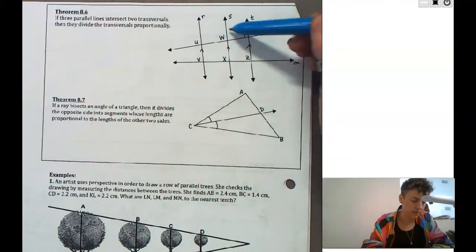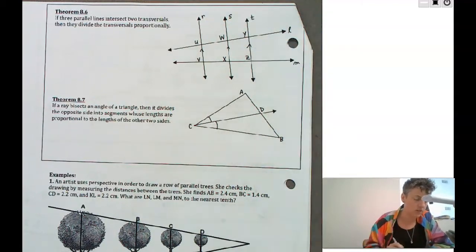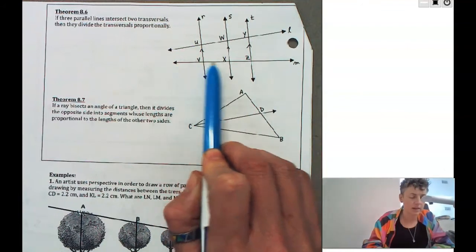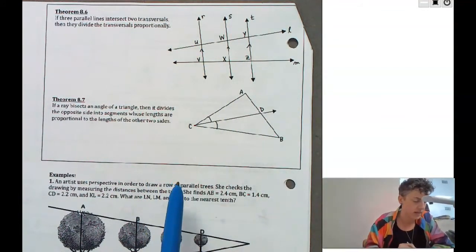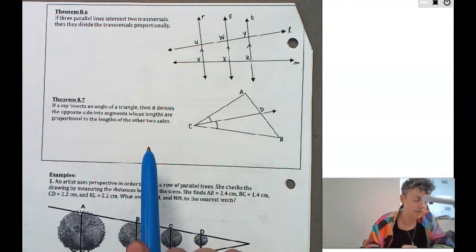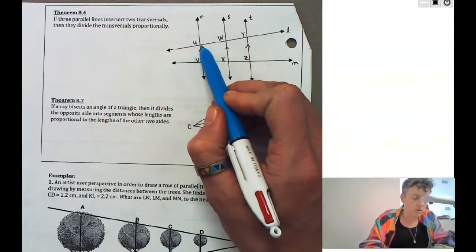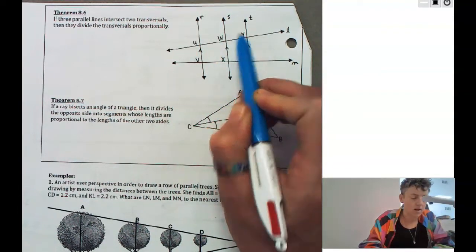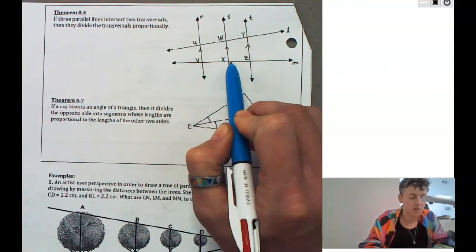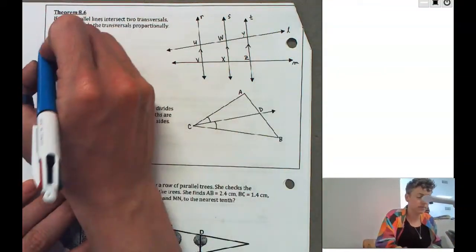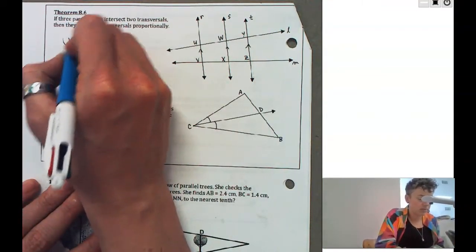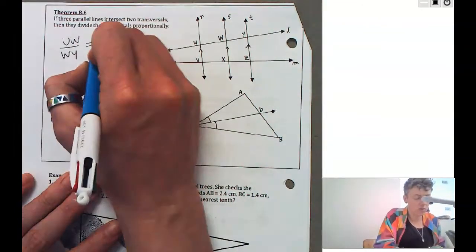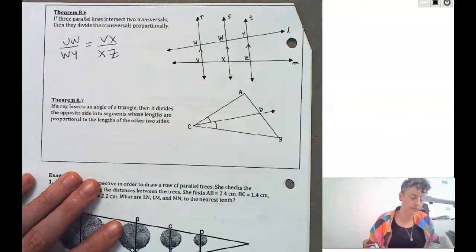So here are our parallel lines intersecting our transversals, line L and line M. Then they divide the transversals proportionally. So UW over WY will equal BX over XZ.